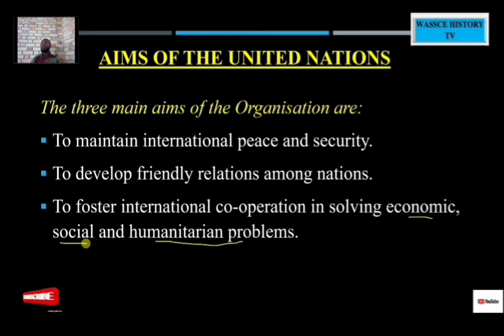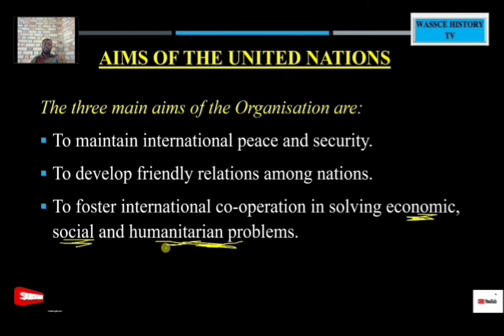In Sudan, I think they did the same. And even in the period of the COVID pandemic, we saw the UN providing assistance to some of the countries that were hard hit. So they come together to cooperate and to address the economic, social, and humanitarian problems of member states.